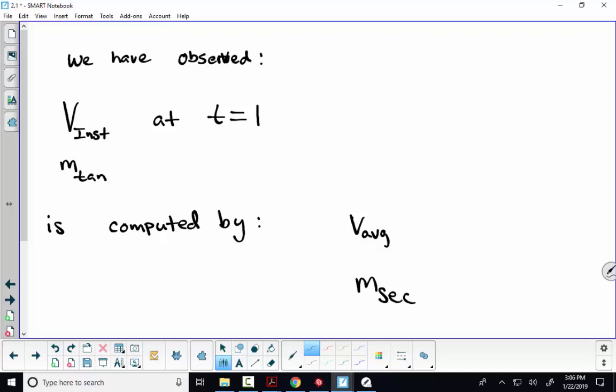So our notation for that is we're going to write LIM for limit, and we're allowing the t values to get closer and closer to 1. So it's LIM and then t with the little arrow indicating that t is approaching 1.